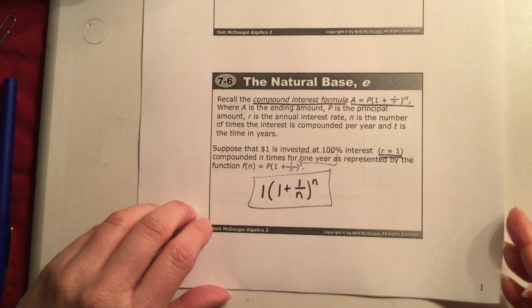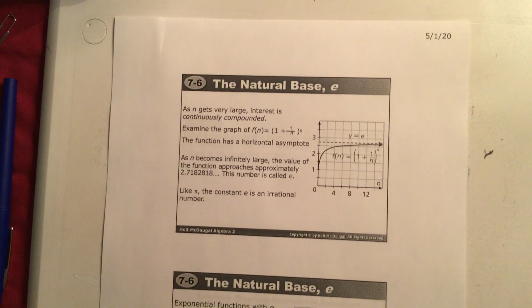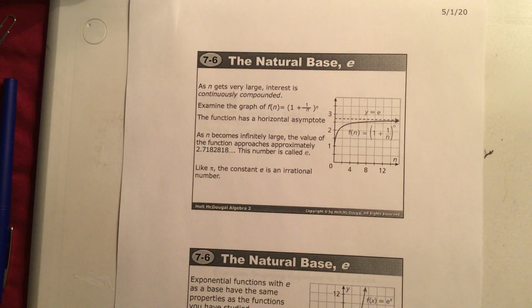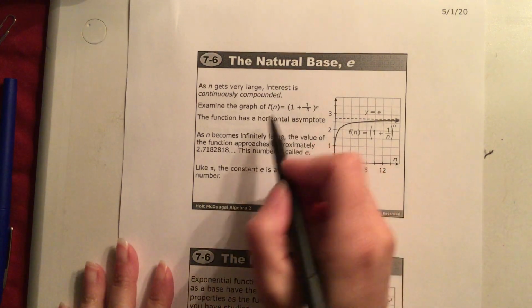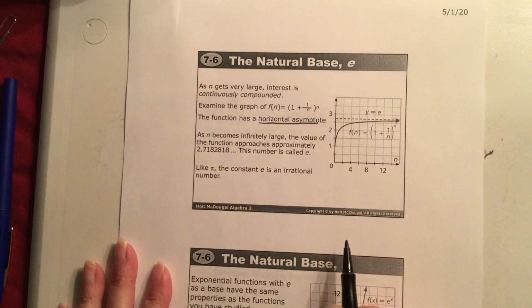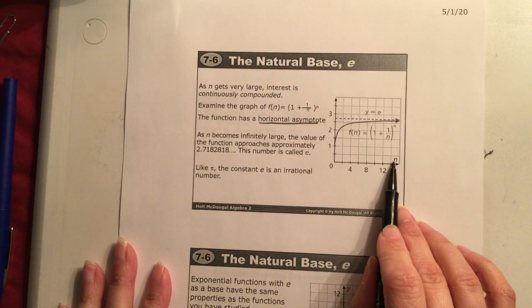So when they graph this, you guys, check this out. This is what it looks like. Remember, we did talk a little bit about that line called an asymptote. There is what's called a horizontal asymptote in this scenario. N is the number of times that it's being compounded, okay?